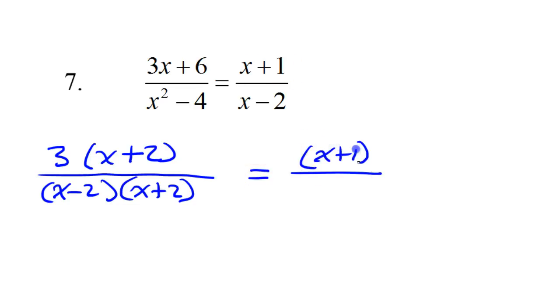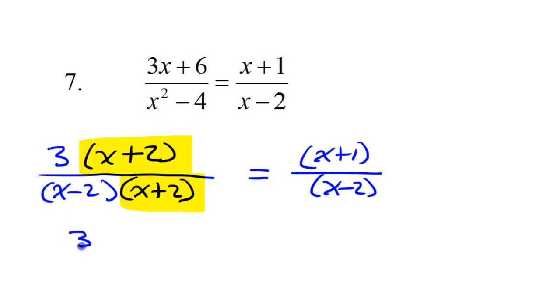So I have x plus 1 over x minus 2. Because we have these like factors in the numerator and denominator, these are going to cancel each other out. Alright, so they're gone.